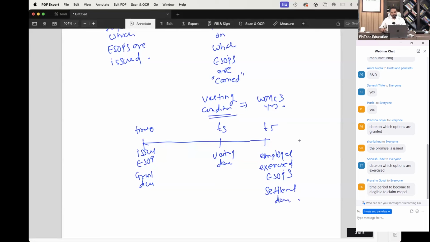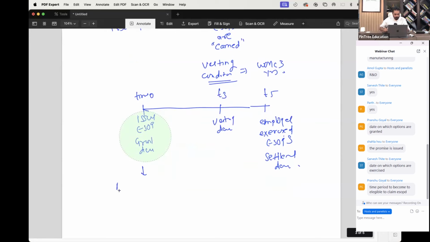Is it okay? The general principle is that if you are doing accounting, then the value that matters to you is this value. So for accounting purposes, we will take fair value on grant date.